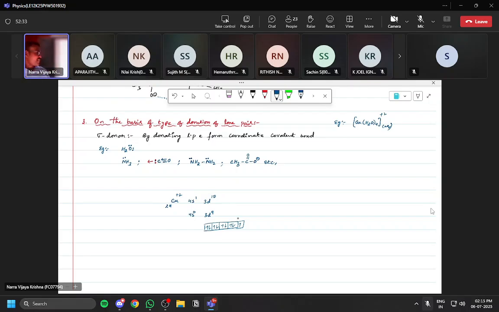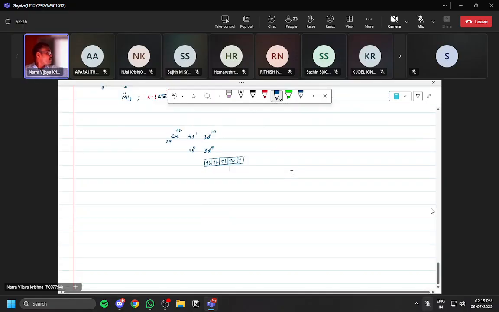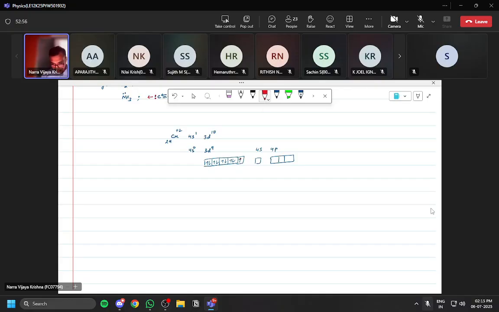Now listen. Correct? Now the 4s orbital is empty, 4p is empty, and 3d has 9 electrons. If this electron jumps from here to here, then this d orbital is empty or not? And here you will have an electron.